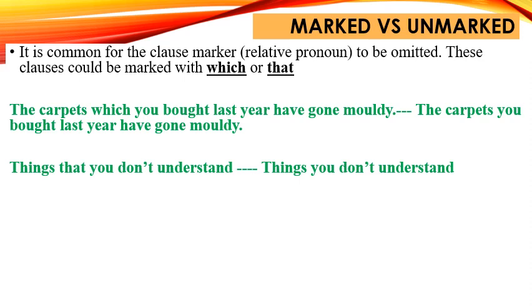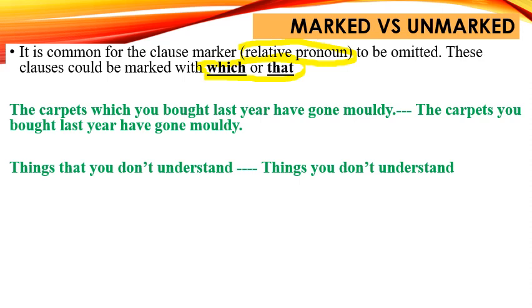Now, we are moving to the next case in adjective clauses. They are marked and unmarked. Here we have two types of adjective clauses. In some of them, the relative pronoun can be omitted. These can be the ones which are marked only with that and which.